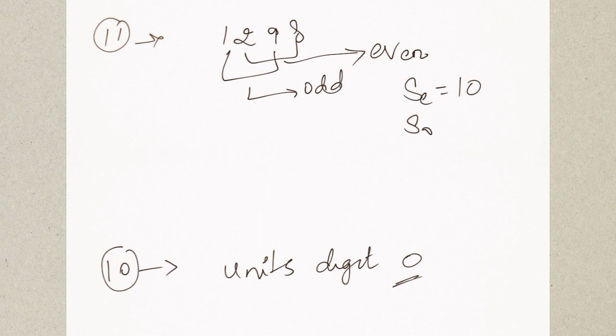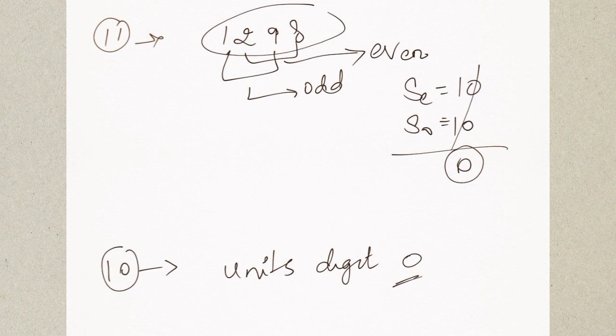Sum of digits at odd places, 9 plus 1 is 10. Then you have to take the difference between them. So 10 minus 10 is 0. So it is a multiple of 11, and this number is also a multiple of 11.